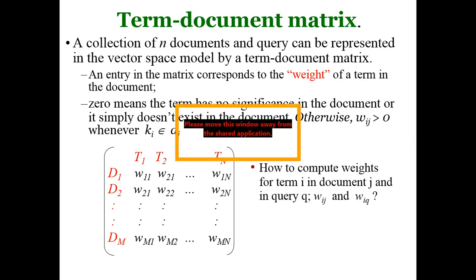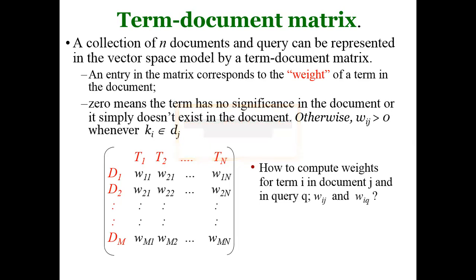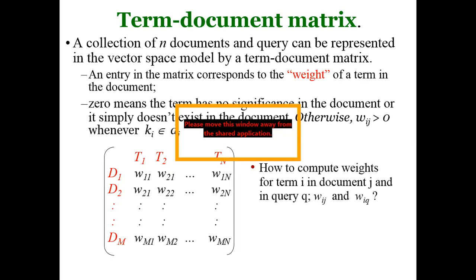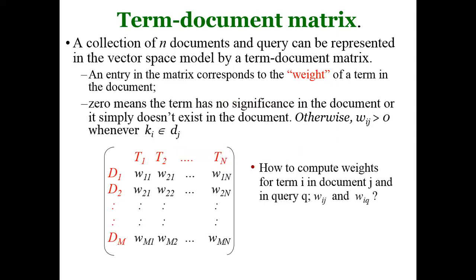But if term 2 doesn't exist in document 1, since term 2 is not available in D1, absent, 0 will be assigned, since term 2 is absent in document 1. So the weight is greater than 0 if the term is appearing in document 1 with some frequency. So the weights we assign are non-binary weights in this case, in the vector space model case.